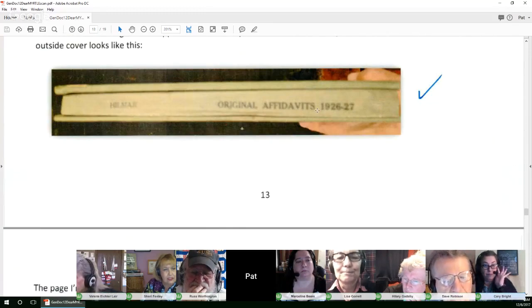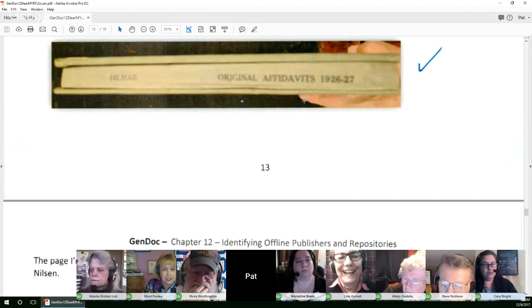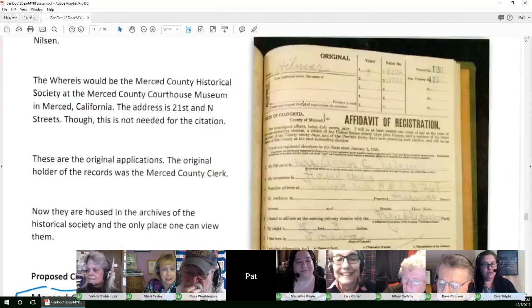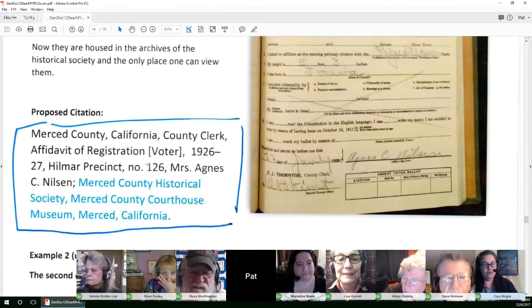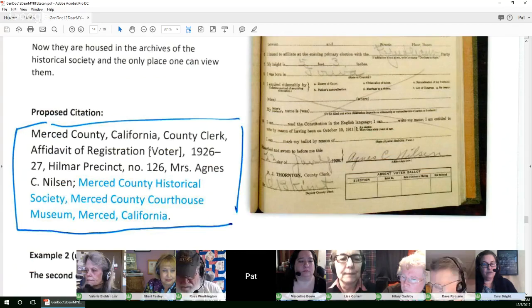So this is one of those cases where Dr. Jones says we sometimes have to create a title that makes sense, which sounds pretty cavalier on our part when we're trying to be so exact. So I see why you put that in square brackets, because you're saying, look, guys, it's the voter registration, not the marriage license registration. Right.